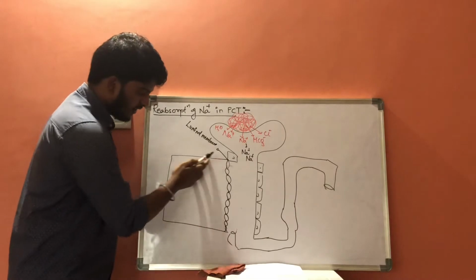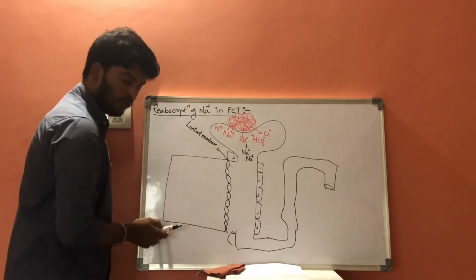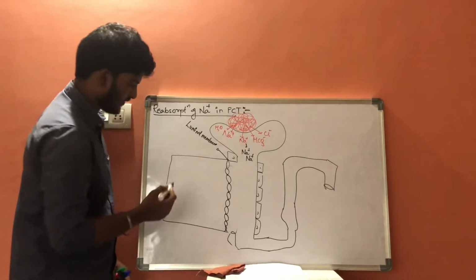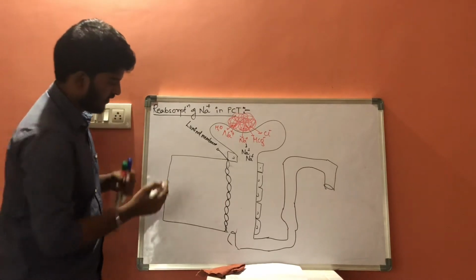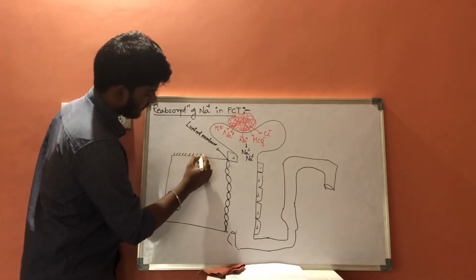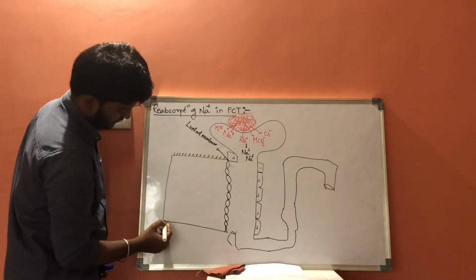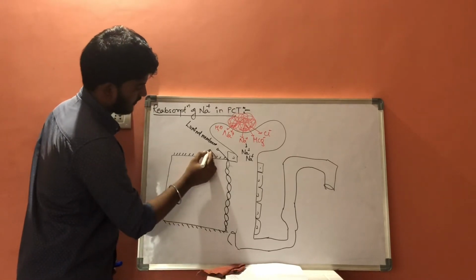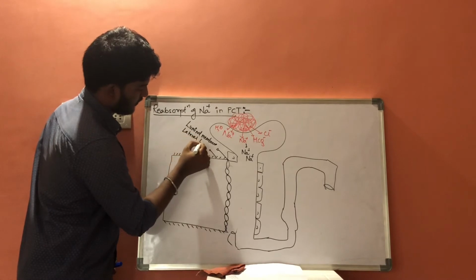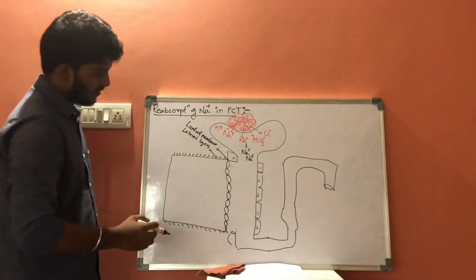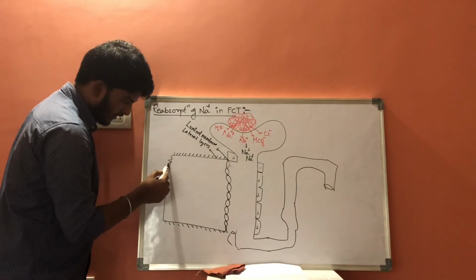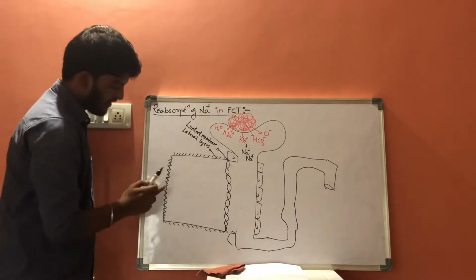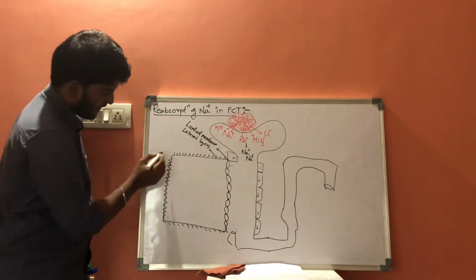So these two layers, upper layer and lower layer, are called lateral layers, or lateral membrane, and this outermost layer, which is present opposite to that of luminal membrane, is called ventral membrane.